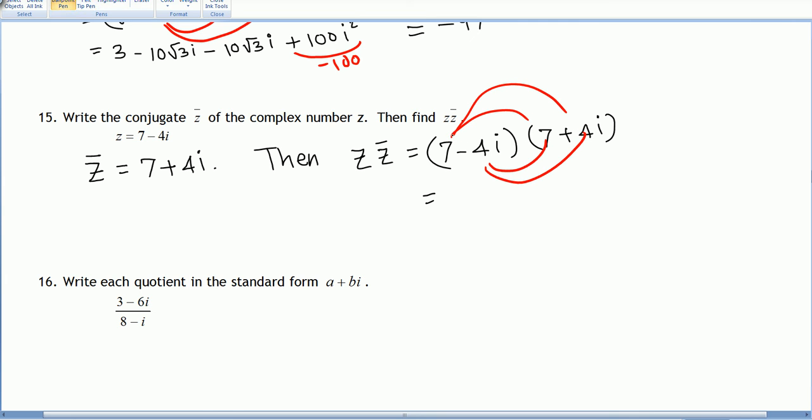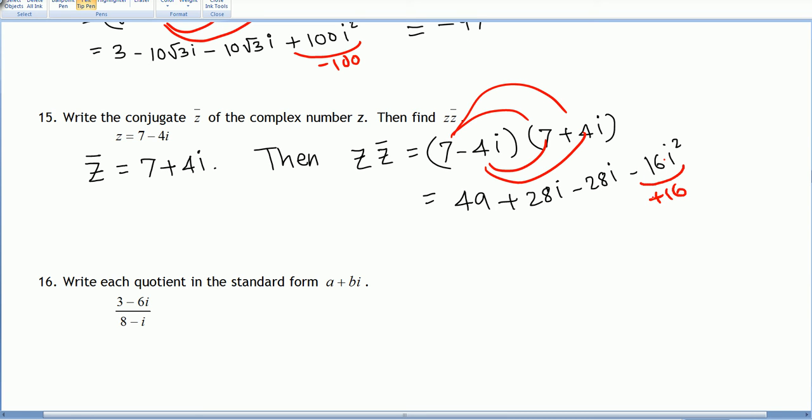We get 7 times 7, 49; 7 times 4i, plus 28i; minus 4i times 7, minus 28i; minus 4i times 4i, negative 16i squared. And i squared is negative 1, so negative 16 times negative 1 is plus 16.